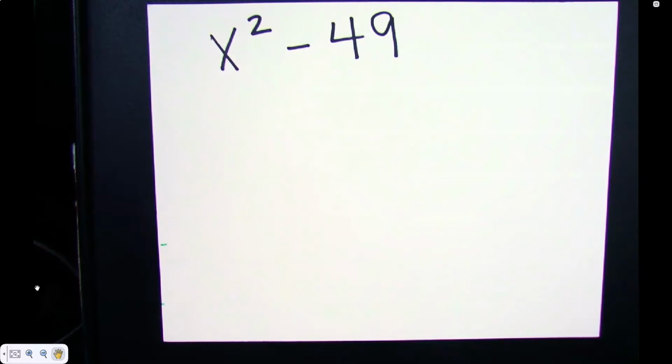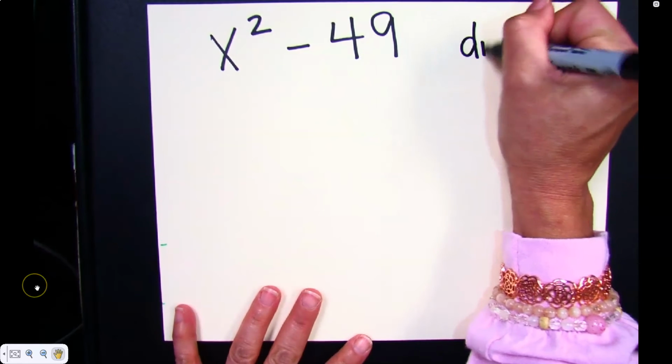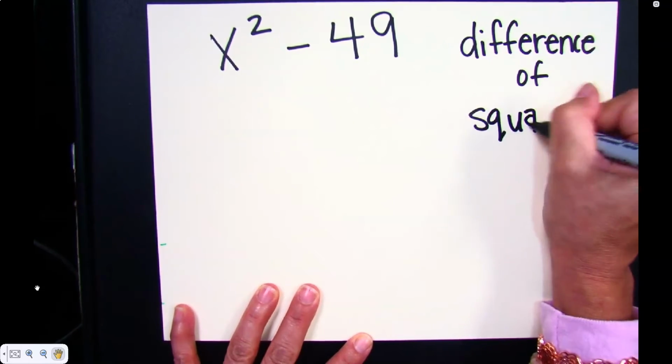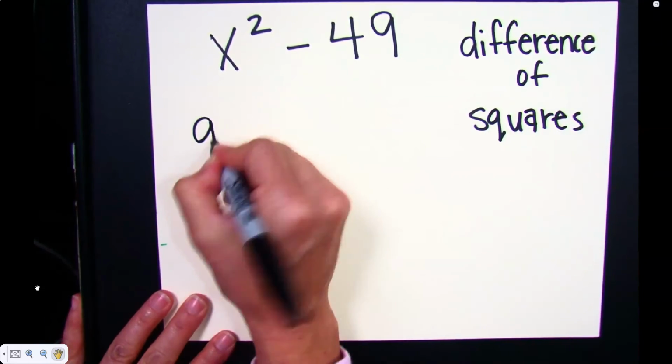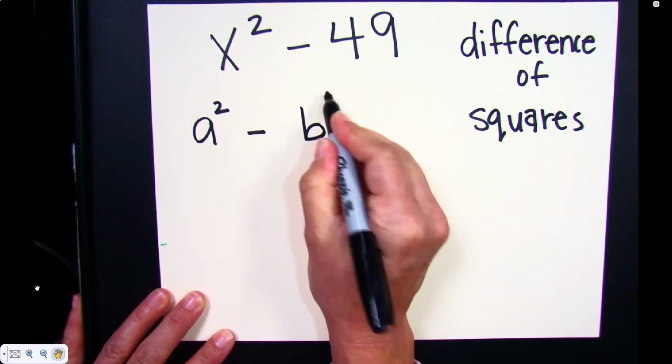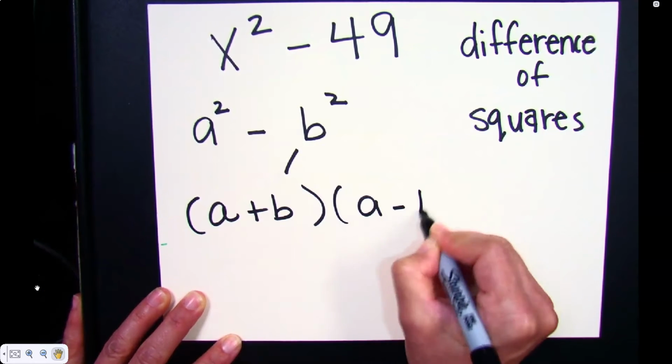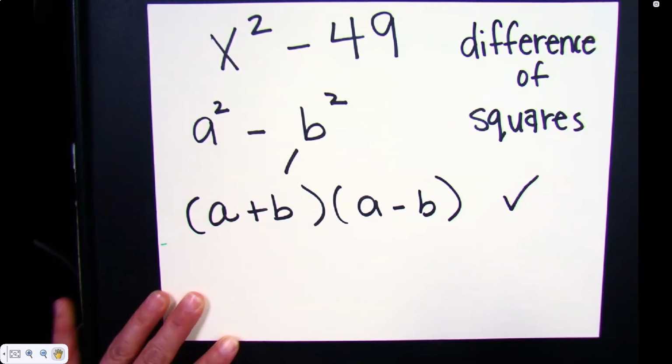So basically, what we have here is we're going to call this a difference of two squares. Notice I do not have a middle term. A middle term would be like a 0 pair. It would cancel out. So when we have a difference of two squares, it will always factor to something that looks like this. Notice that the expressions in the parentheses almost match.